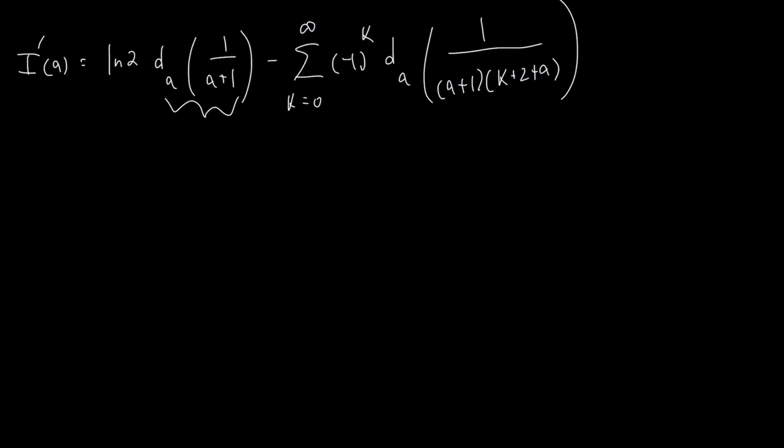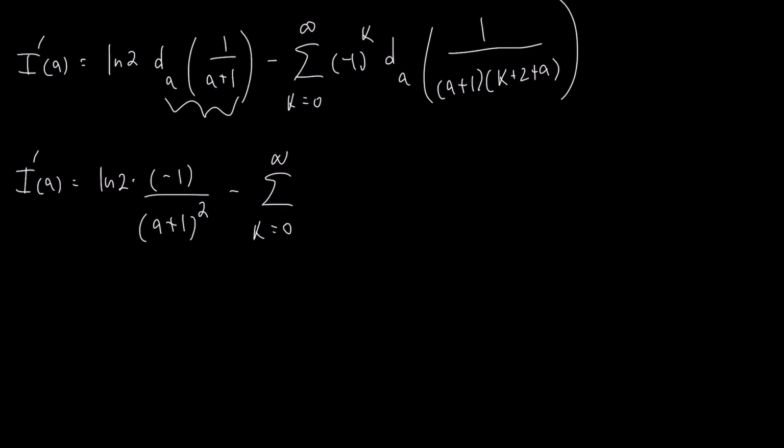So differentiating this piece, we have I prime of a is log 2 times negative 1 over a plus 1 squared. We'll have a minus the sum from 0 to infinity, negative 1 to the k, and differentiating this part will involve the quotient rule.